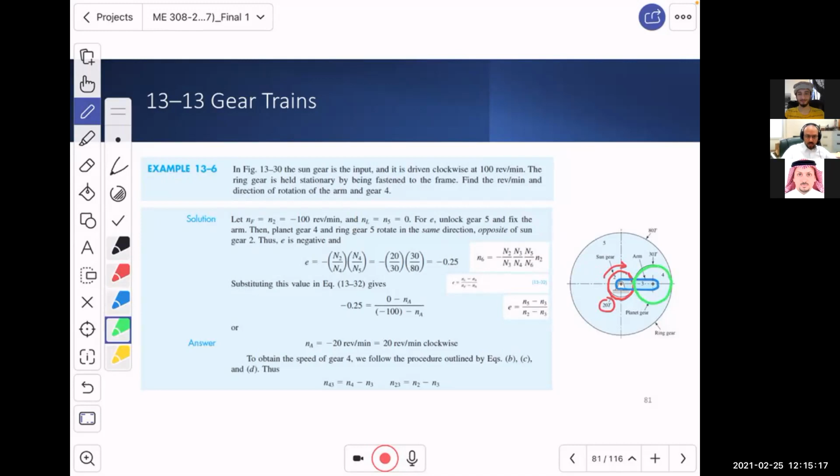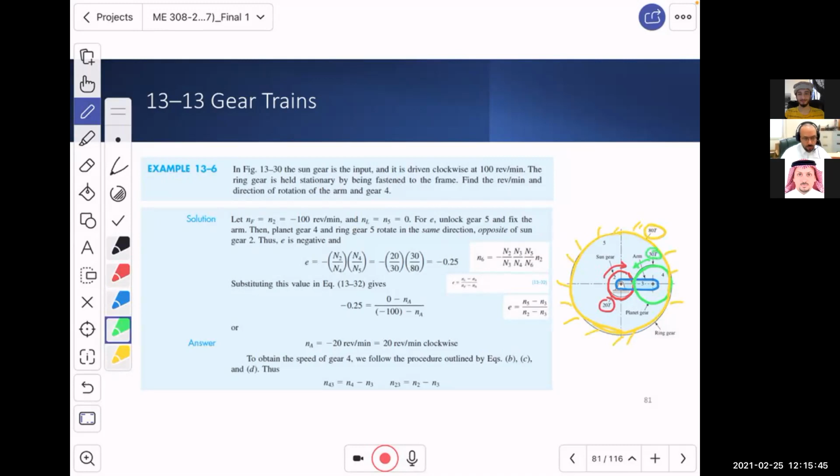You can easily argue that when the sun rotates this way, the planet gear will rotate the other way. And finally, we have the ring gear. The ring gear is fixed to the frame, so it doesn't rotate, and it has 80 teeth, while the planet has 30.